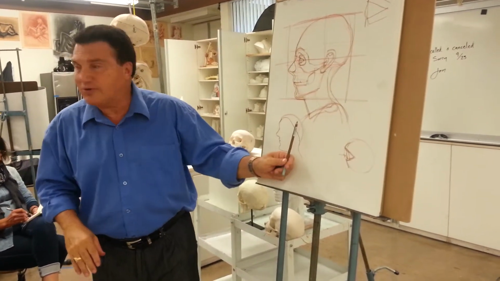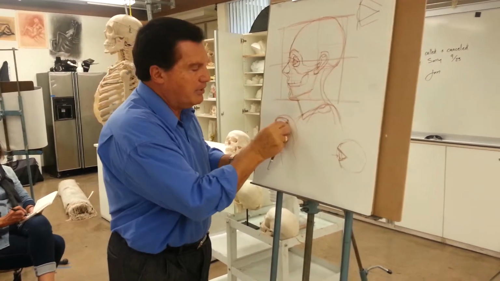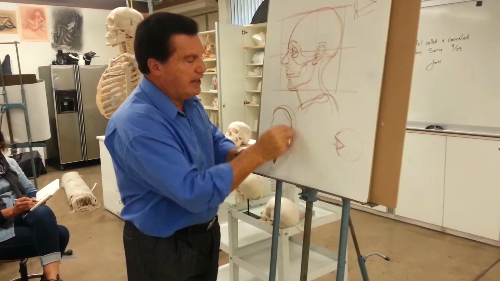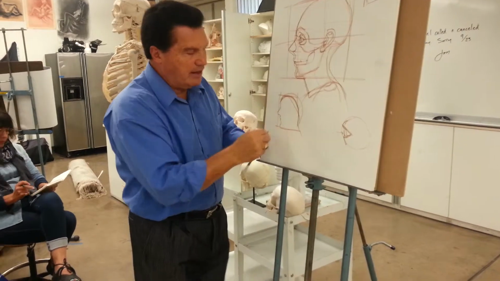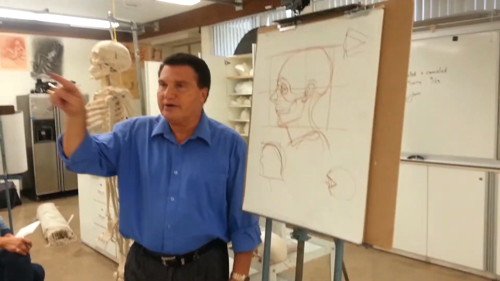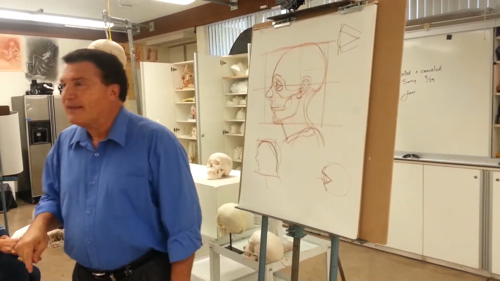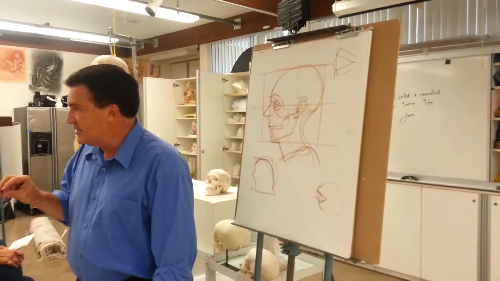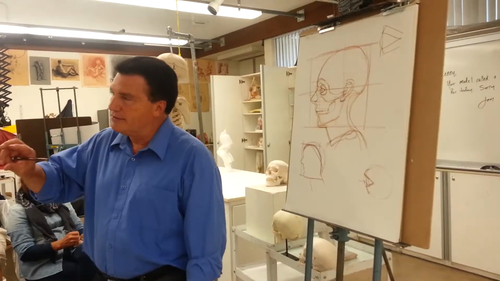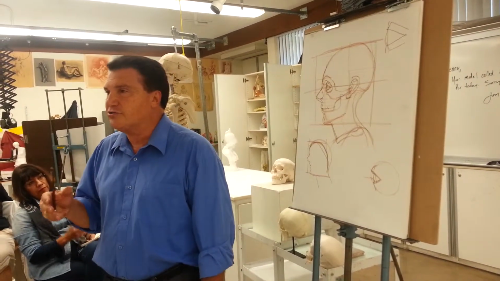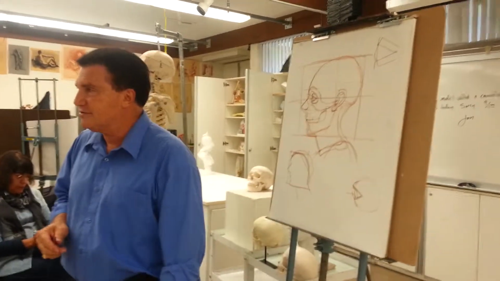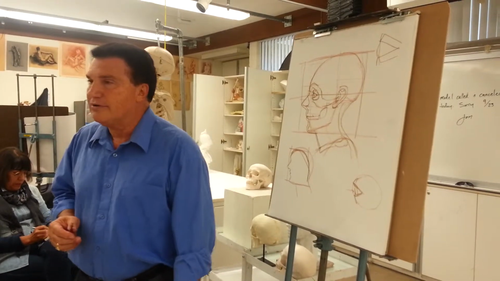It probably won't be like that, it will be like this. Because if I drew the head here, what am I having? A vertical instead of a square. You understand why I'm going through these things? Because if you understand how the structure works, then you're apt not to make as many mistakes. Any questions?